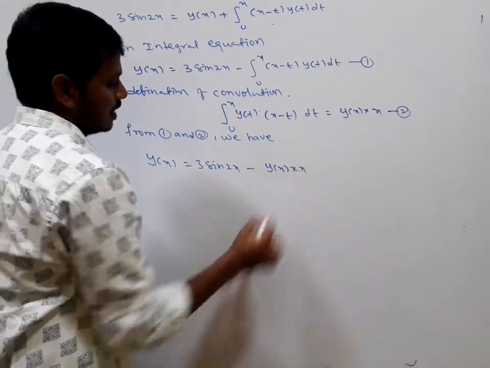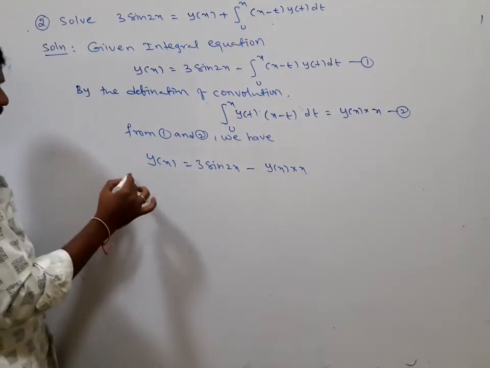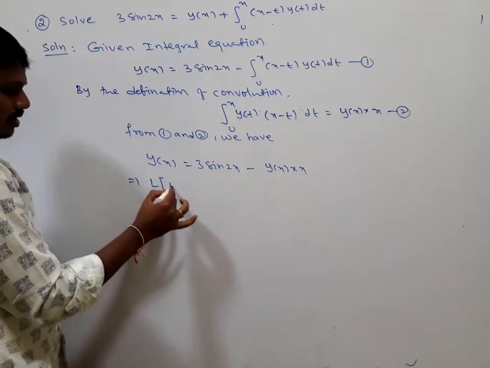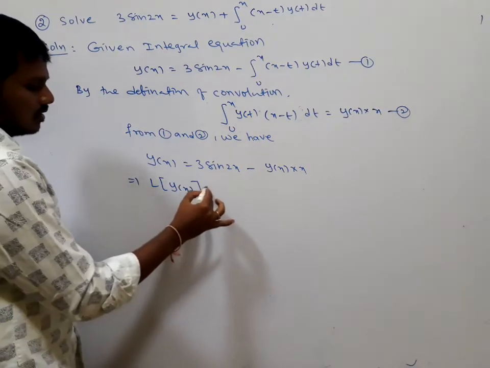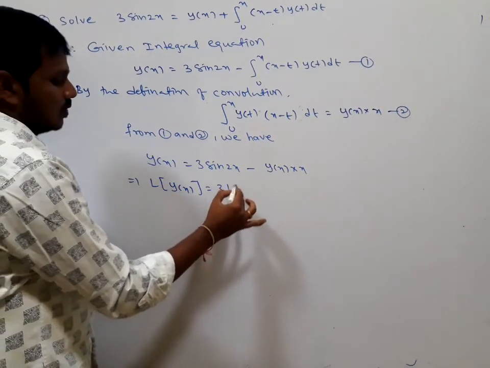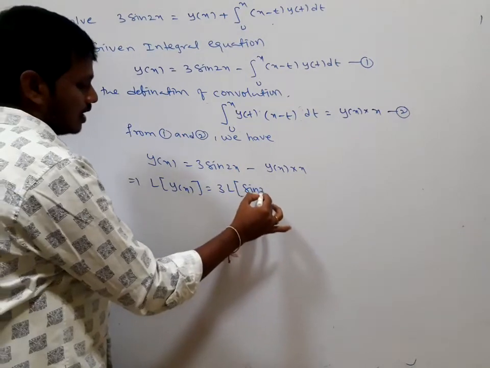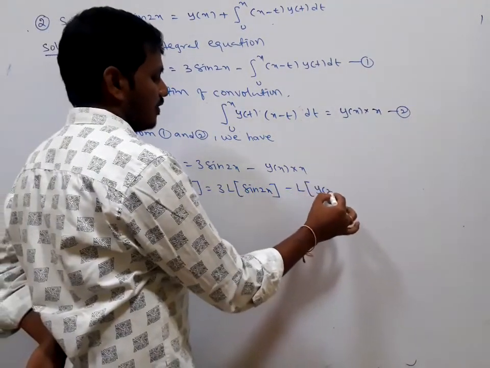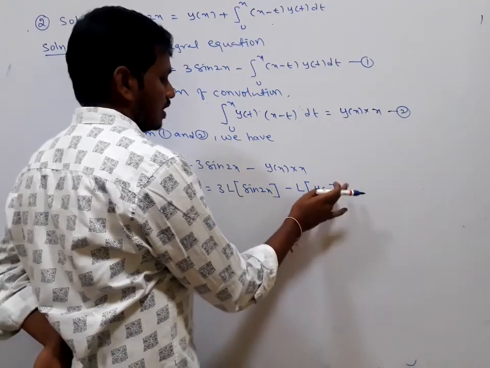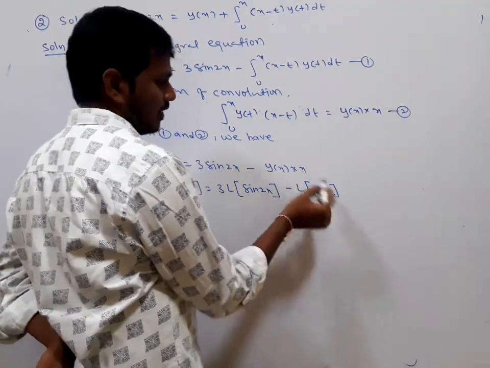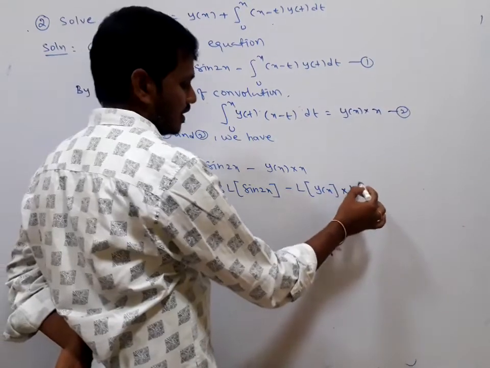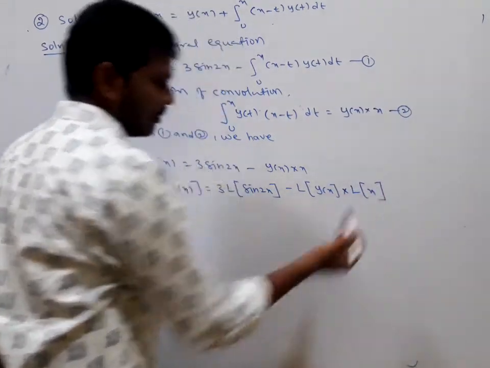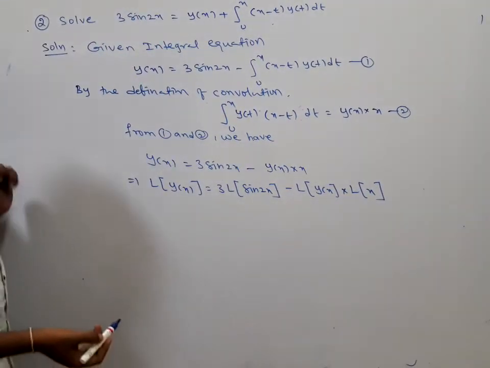Now taking the Laplace transform on both sides, Laplace transform of y of x is equal to 3 into Laplace transform of sine 2x minus Laplace transform of y of x into x. The Laplace transform of x is the Laplace transform of t. Don't get confused here, t instead of x.